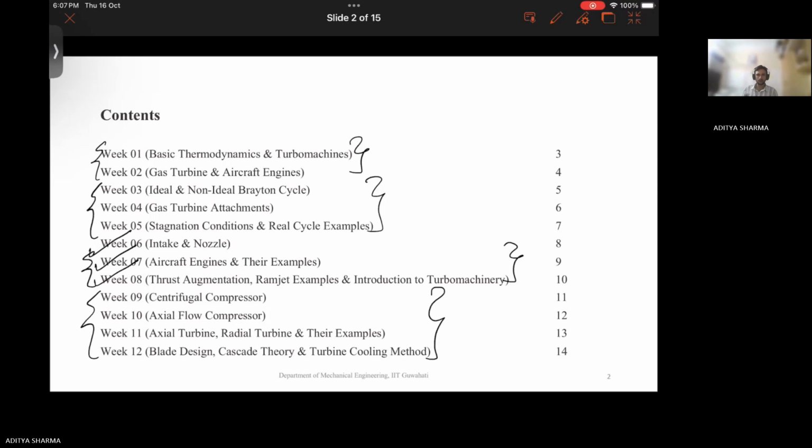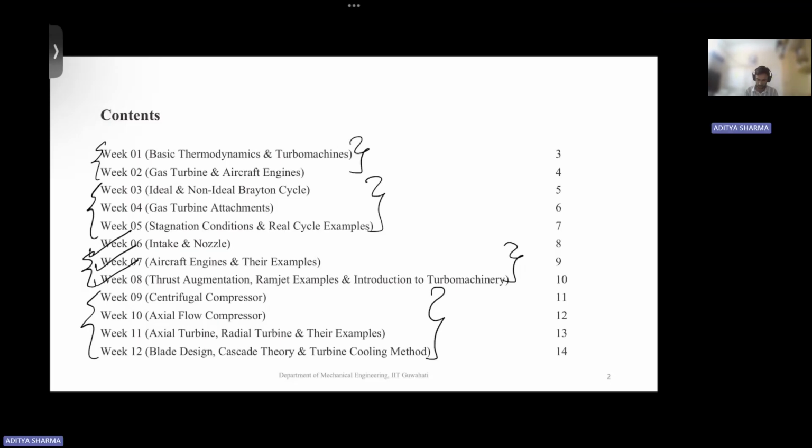So broadly, this is the content of this whole 12 weeks course. Now we will touch upon a few topics that have been covered in each week.